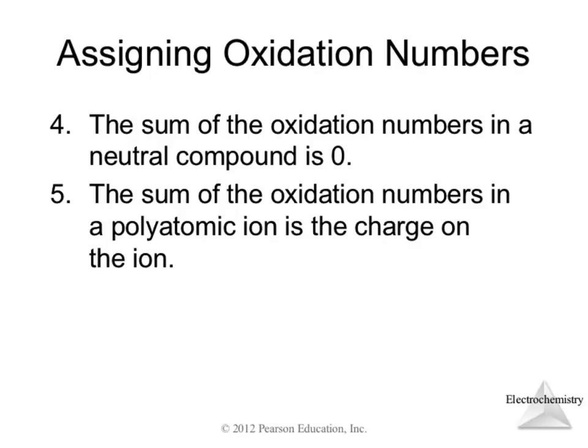Rule 4, the sum of our oxidation numbers in a neutral compound is 0. What is the charge on sodium chloride? Upper right-hand corner, it is 0. If I add up all the oxidation numbers of the sodium and the chloride, what must it equal? Of course, we invented a new rule for that, because that's now a fascinatingly new thing.